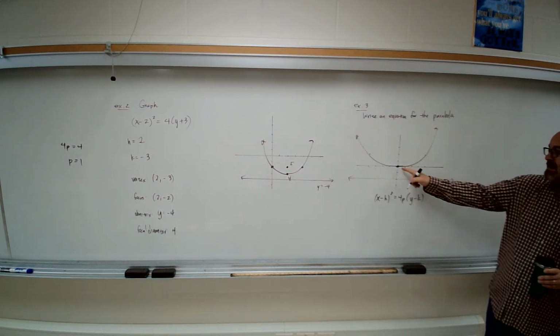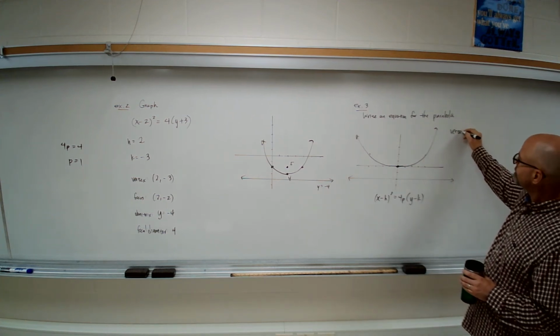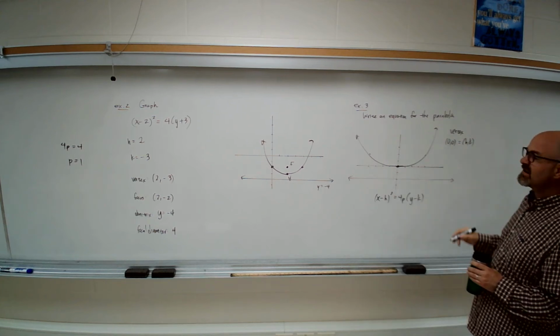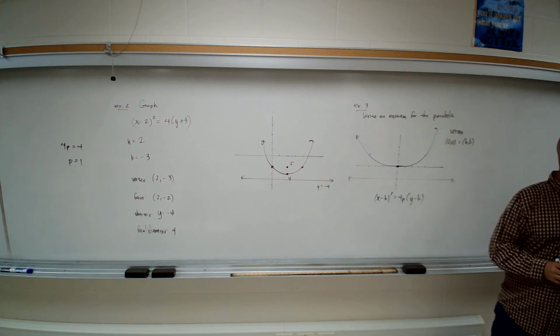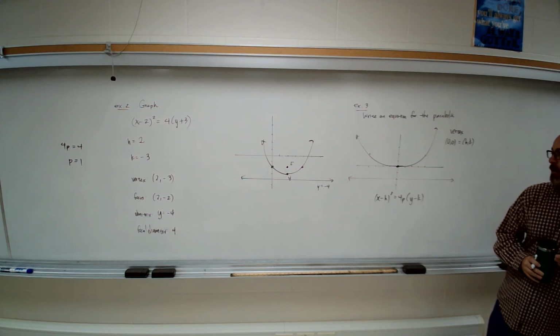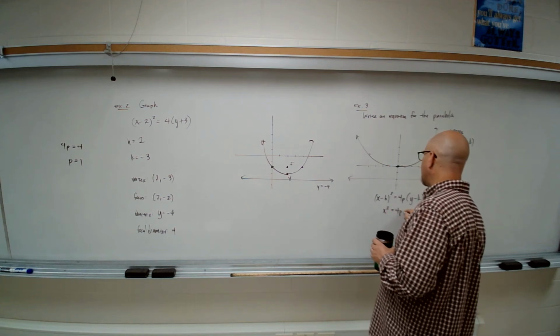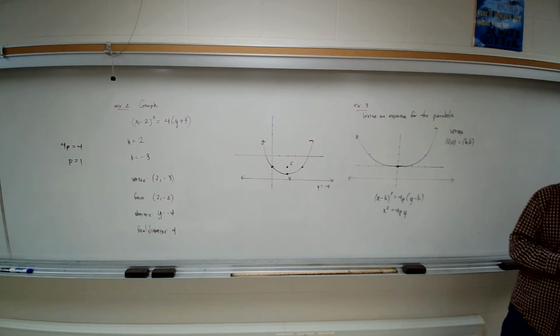Now, the vertex is right at (0, 0). So since the vertex is at (0, 0), that tells us what h and k are. So h and k are both going to be zero. Now, the only thing left to find is p, so this would be x squared equals 4py.